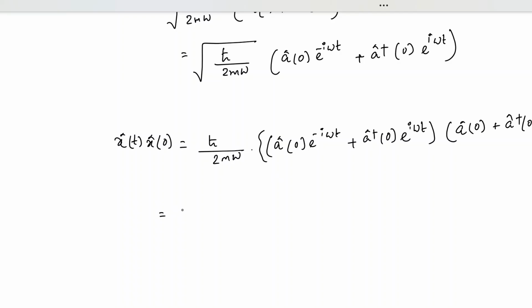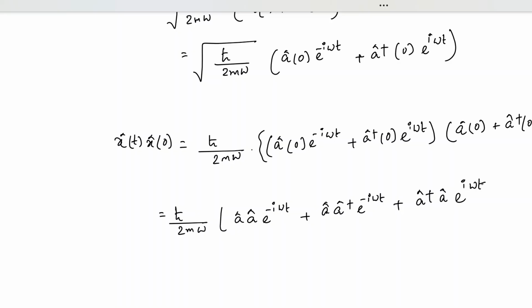So here you have h cut by 2m omega. Now you multiply, so you have a cap e to the power of minus i omega t, and the second term is a cap dagger e to the power of minus i omega t, plus you have this term and this term, so a cap dagger a cap e to the power plus i omega t plus a cap dagger e to the power of plus i omega t.